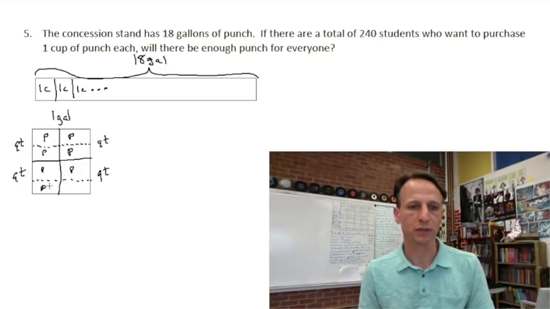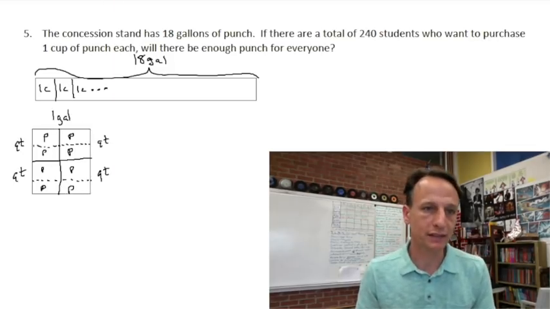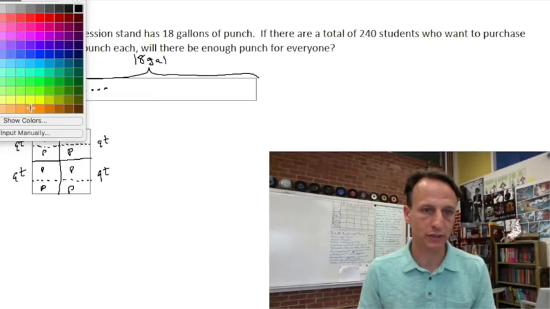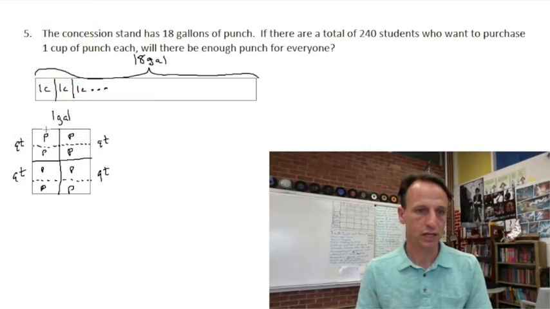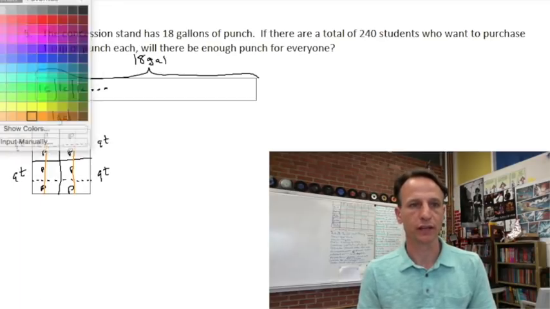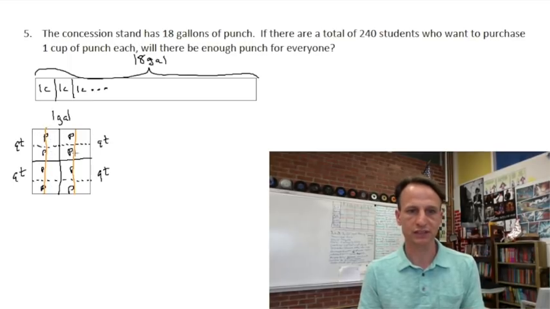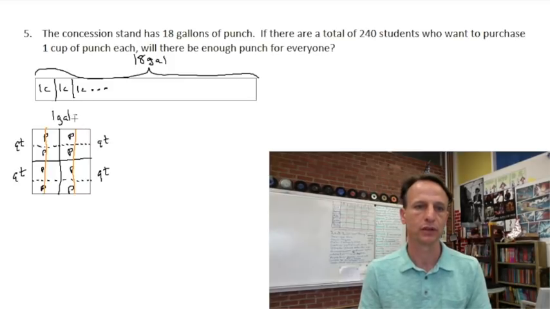And I should be writing PT, but it's too small space, so pint. And then each pint, and here I'm going to have to change color so the thing doesn't become so messy. Go with my orange. Each pint has 2 cups in it. All right, and change back to black. There we go. All right, so now we know that 1 gallon is, well, 2, 4, 6, 8, 10, 12, 14, 16 cups.